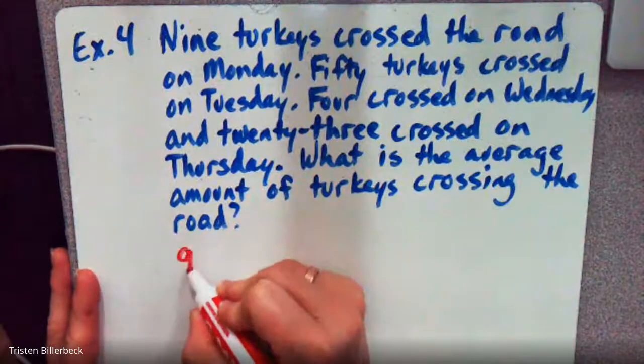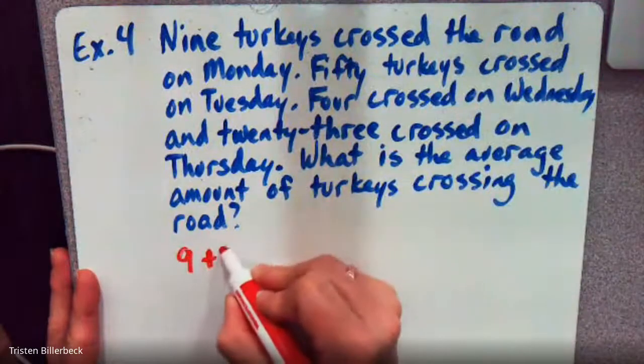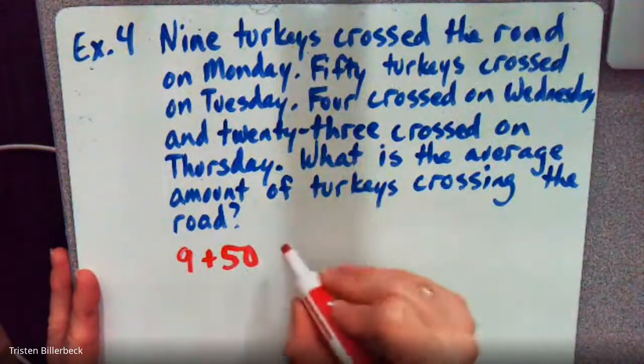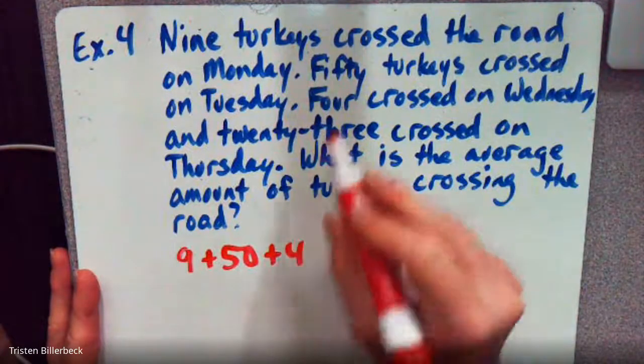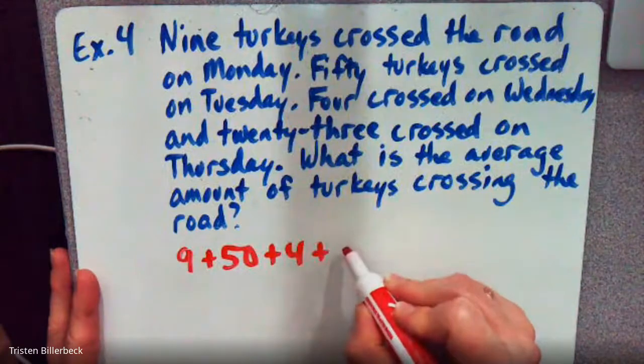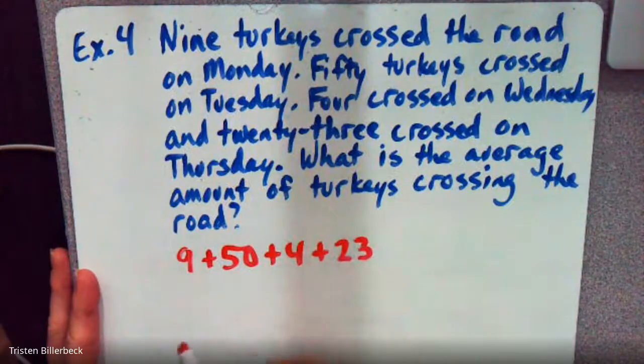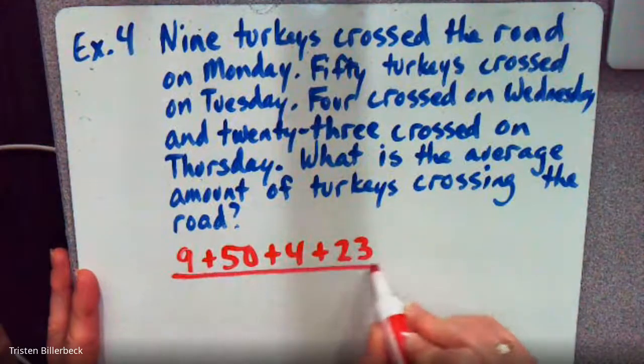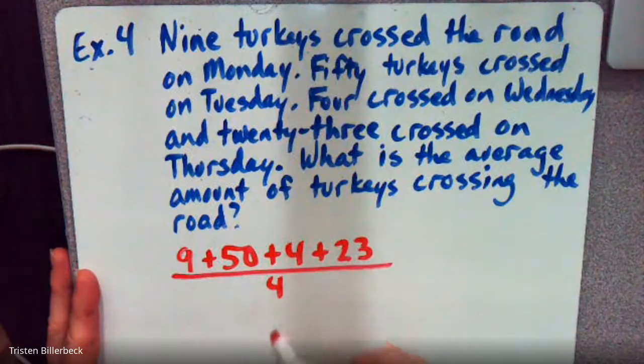So 9 plus 50 plus 4 plus 23 turkeys on the 4 days. So we have 4 numbers, so we're going to divide by 4.